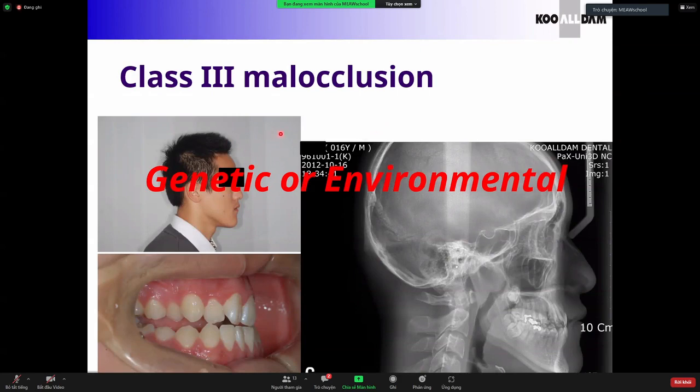What do you think of the causes of class 3 malocclusion? Genetic or environmental problem? Some orthodontists consider that this patient has enlarged adenoid and palatine tonsil and a low tongue position.